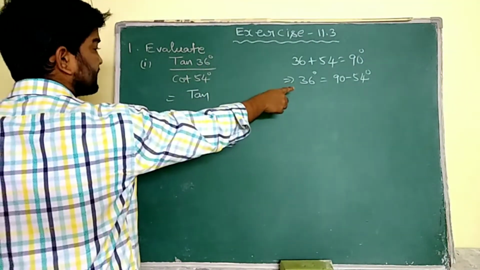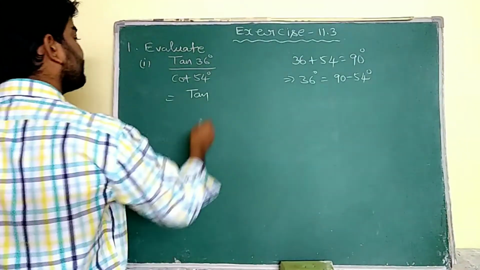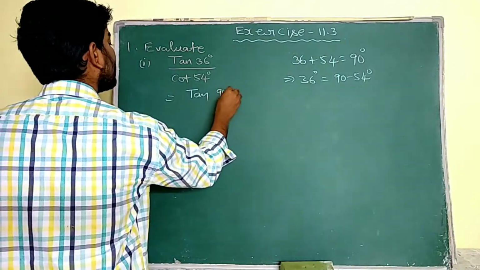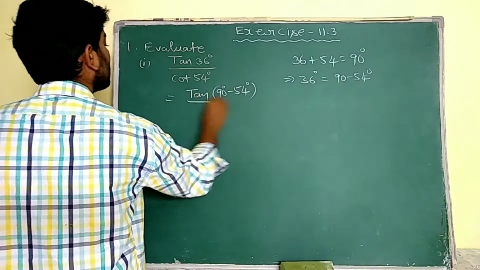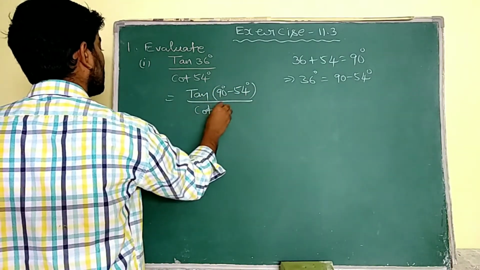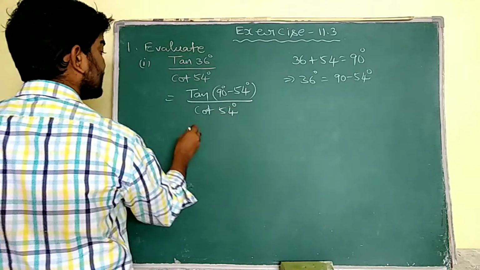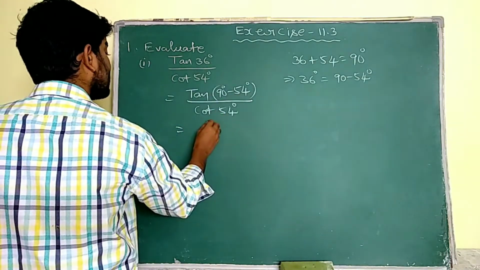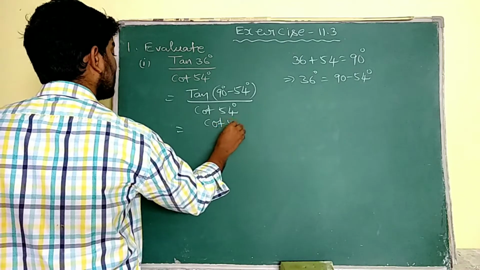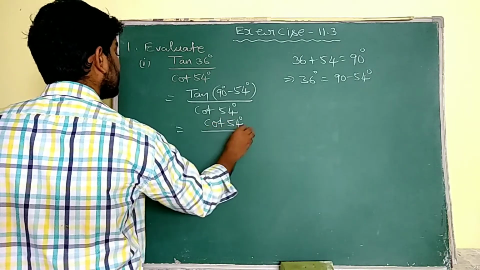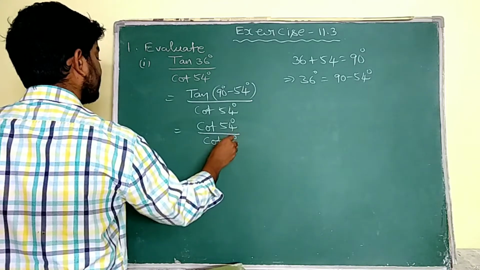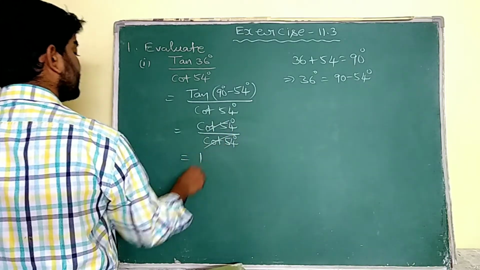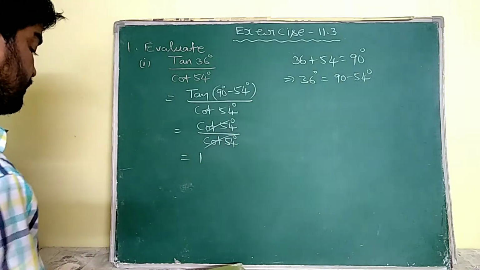Here I express 36 in terms of 54, so I write 90 minus 54 degrees in the place of 36, and I am not going to alter that 54 degrees. Now tan of 90 minus theta is cot theta, that is cot 54 degrees. The denominator stays as cot 54. Cot 54 and cot 54 are cancelled, and the answer is 1.